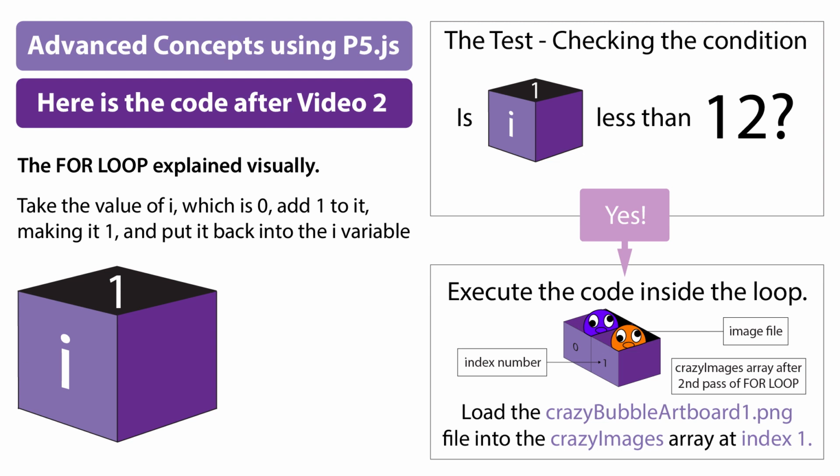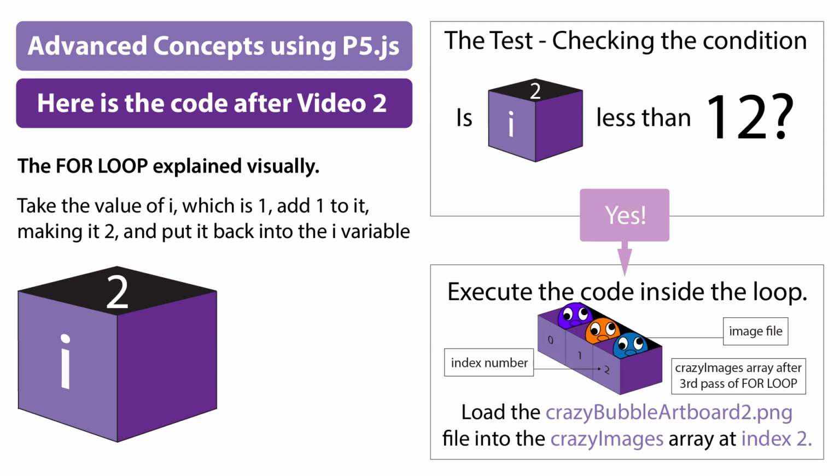So now we load the Crazy Bubble Artboard 1.png file into the crazy images array at index 1. We add 1 to I, which is now 2. Is 2 less than 12? Yes. So we load the Crazy Bubble Artboard 2.png file into index number 2 of the crazy images array.